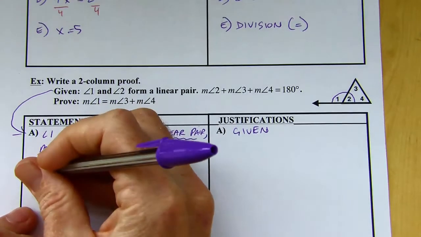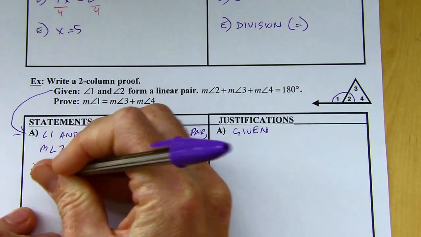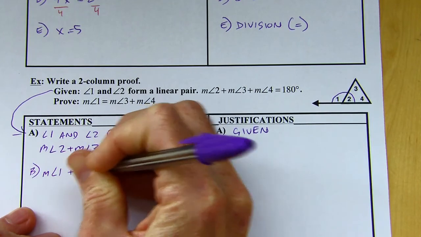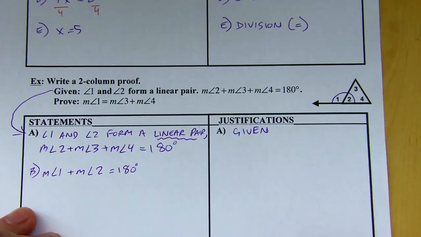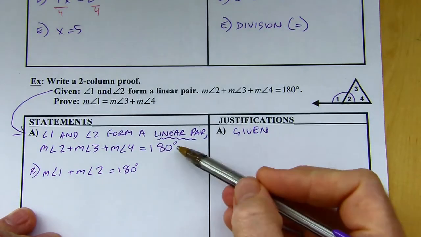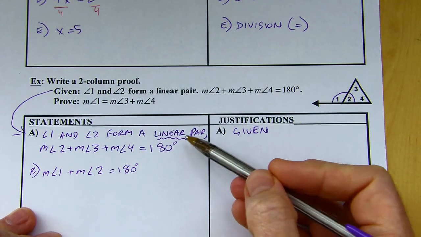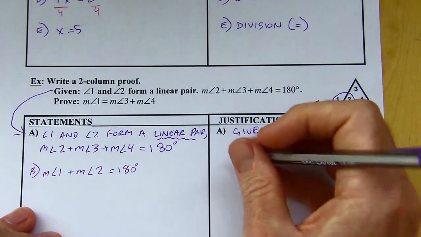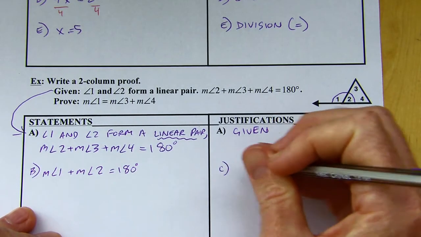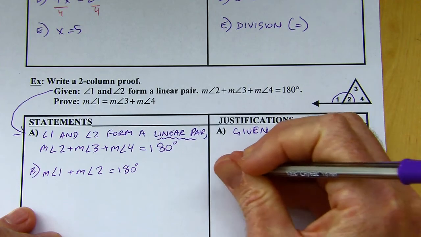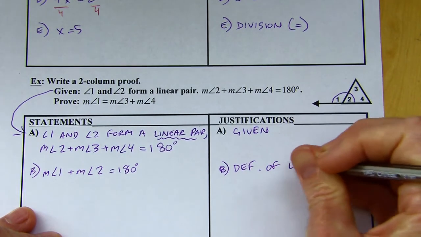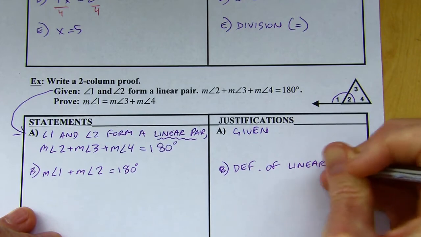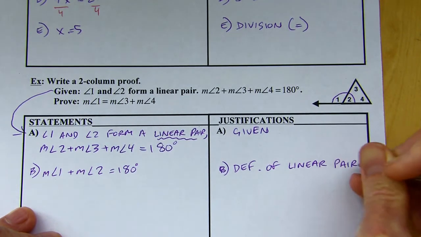So now I can say the measure of angle 1 plus the measure of angle 2 is 180 degrees, okay? And I got that because I know what linear pair means. It means two angles that form a straight line that's 180 degrees. So I use the, oops, should say B here, the definition of linear pair.